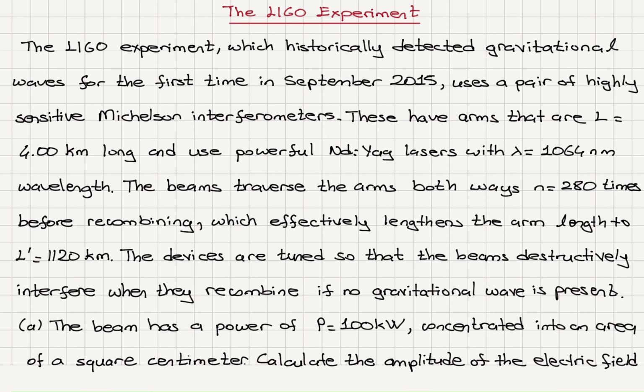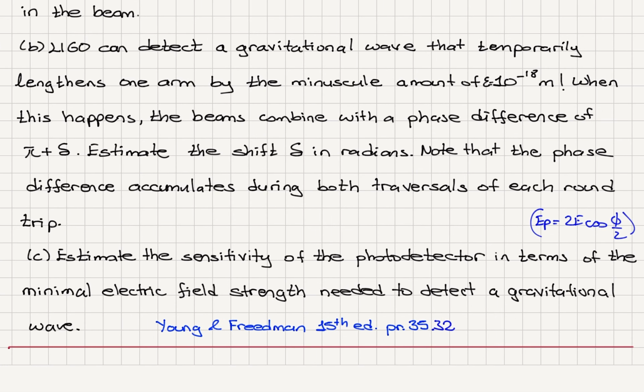In part A, we calculated the amplitude of the electric field corresponding to this beam power, 100 kilowatts concentrated into 1 centimeter square area. In part B, we're looking at the phase difference that will accumulate during both traversals of each round trip if we temporarily move one of the mirrors by a minuscule amount, epsilon equals 10 to minus 18 meters, so that the beams will combine with a phase difference of pi plus delta.